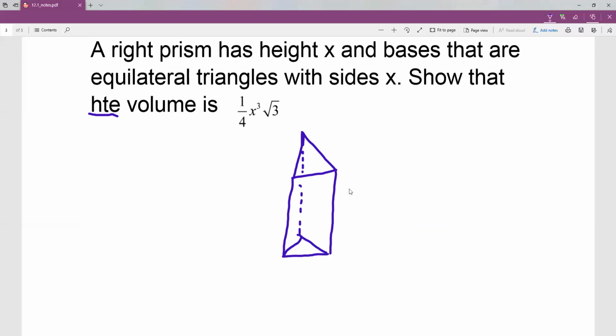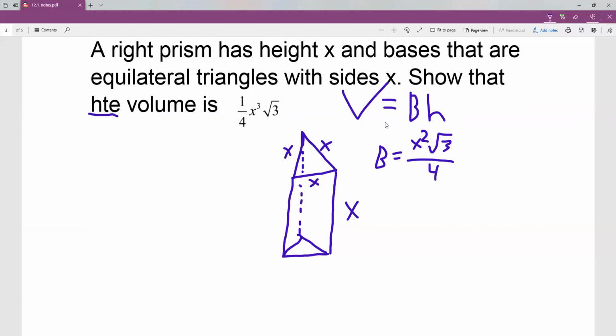So we have a right prism with a height of x and bases that are equilateral triangles with sides of x. Show that the volume is this. Volume is equal to base times height. The bases are equilateral triangles, and we have already learned a formula for equilateral triangles. It's really helpful, and that was x squared root 3 over 4.